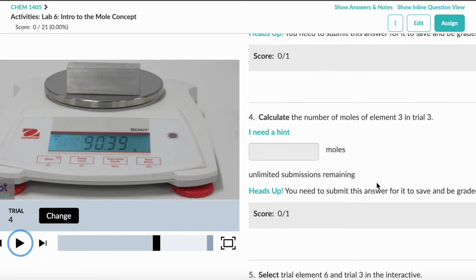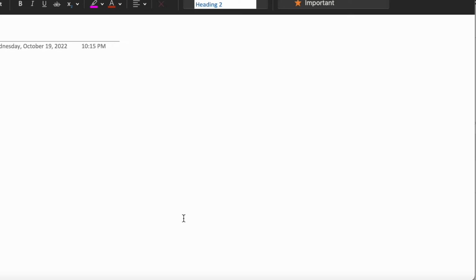The way that you convert it to moles is you are going to convert from mass to moles. This is what we do.